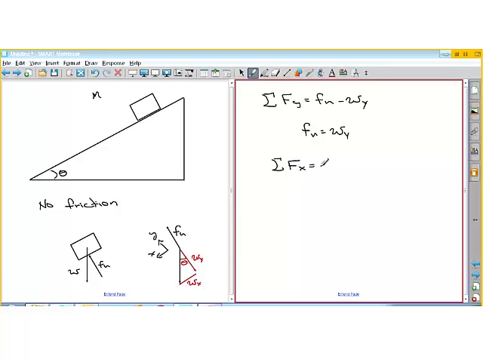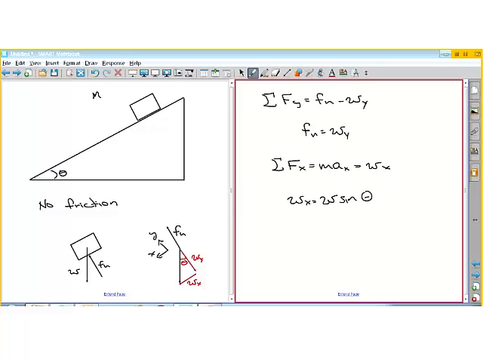If you sum the forces in the x direction, that's equal to the mass times the acceleration in the x direction. And the only force I have in the x direction is W sub x. The way that I've defined x positive going down, I'm going to say W sub x is positive. Now from geometry, we can see that the x component of the weight is equal to the weight times the opposite side from the angle, which is the sine.